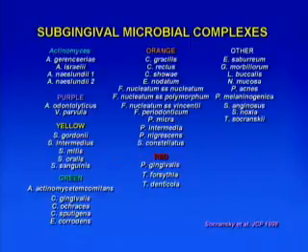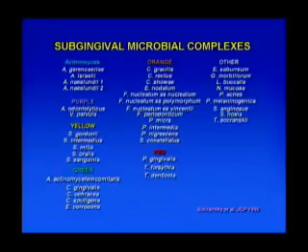As we look at this scheme, we note that as we go from the left to the right, you go from more host-compatible species to more pathogenic species. As I mentioned, the species of the red complex are periodontal pathogens, and many of the species in the orange complex are also periodontal pathogens.